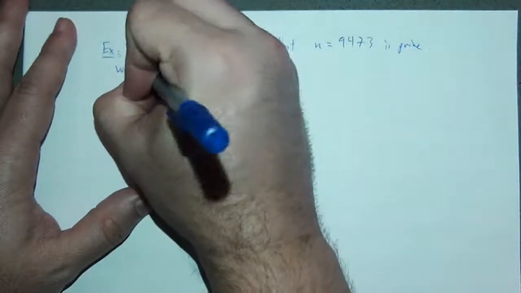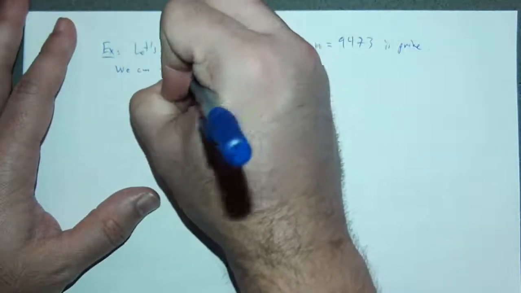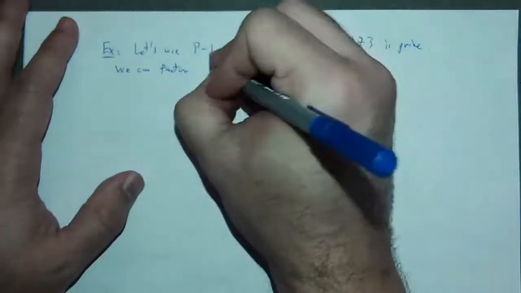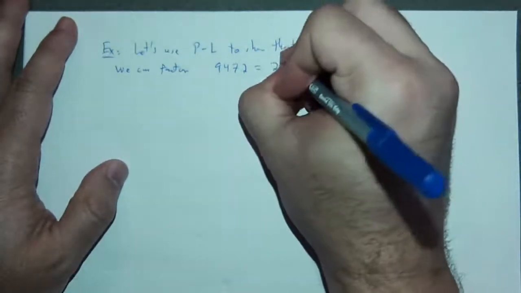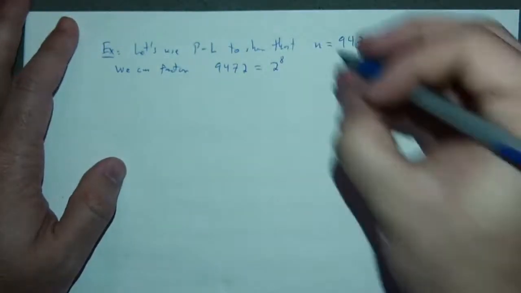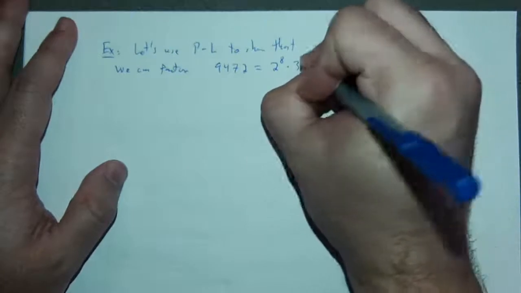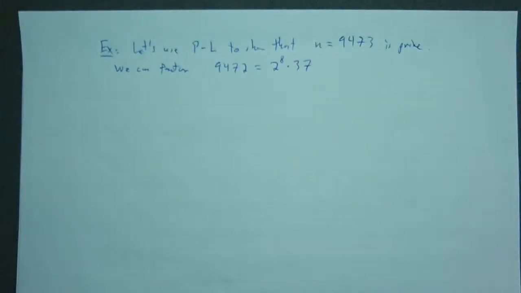Okay, so we can factor 9,472 as we can pull 8 copies of 2 out of it, so that makes the job easy, times 37.